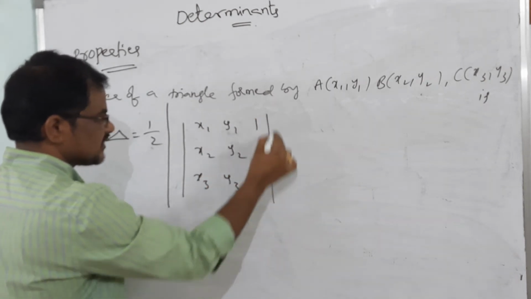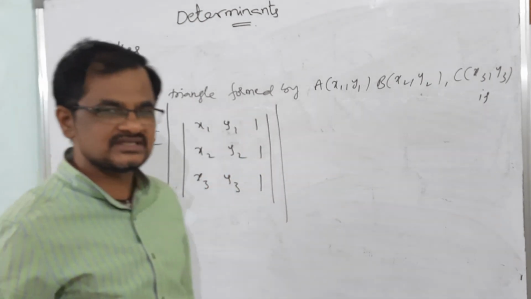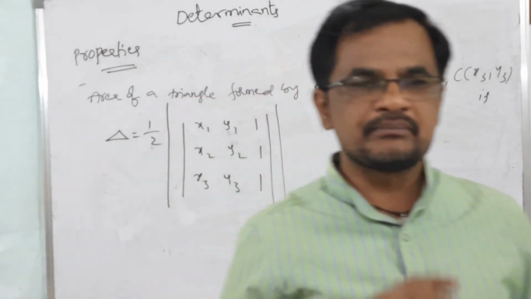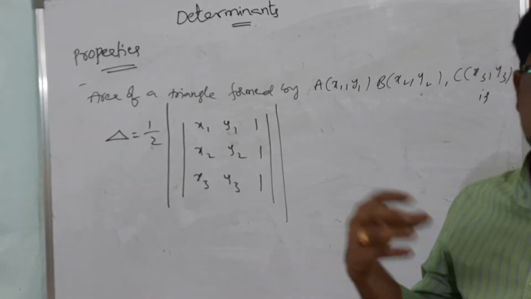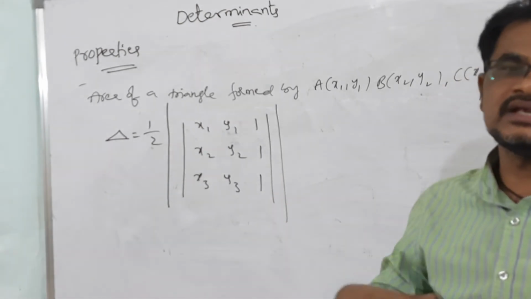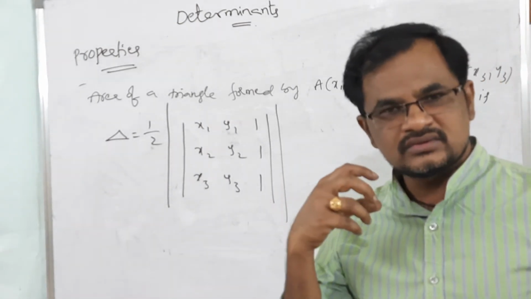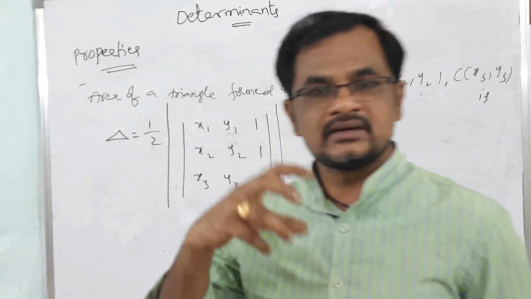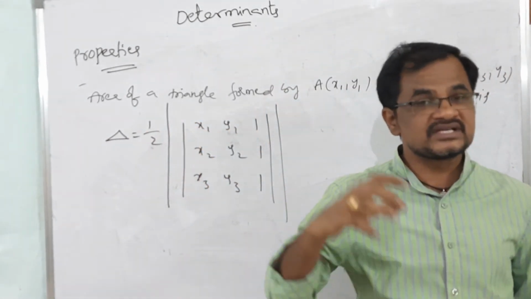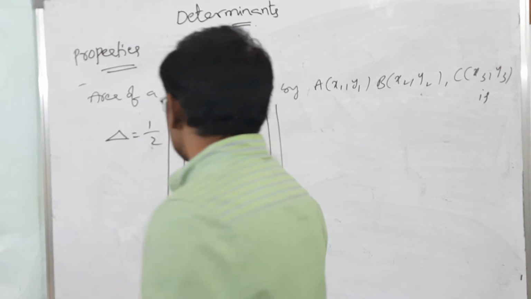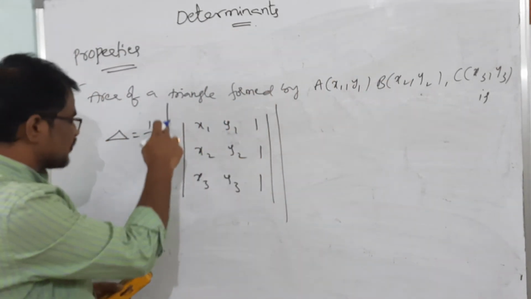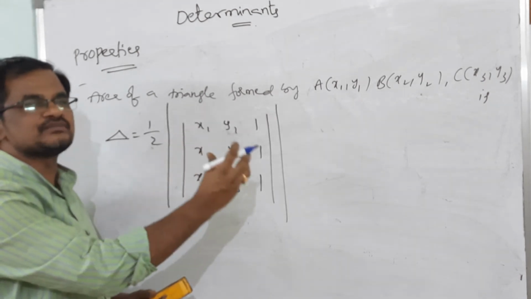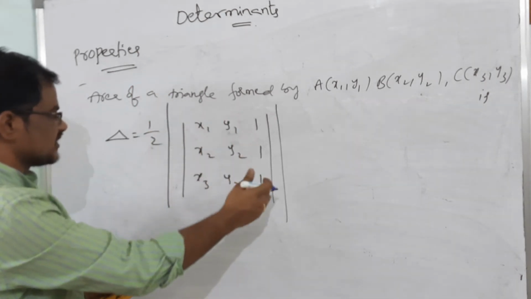Based on this one, I will give the problems in the next video. First, in this video, if you complete all the synopsis of at least determinants, minors and cofactors, then in the next video we can plan the problems based on this. Now, 1 by 2 determinant of x1, here with the modulus, because area is always positive, so that's why you have to take the modulus.